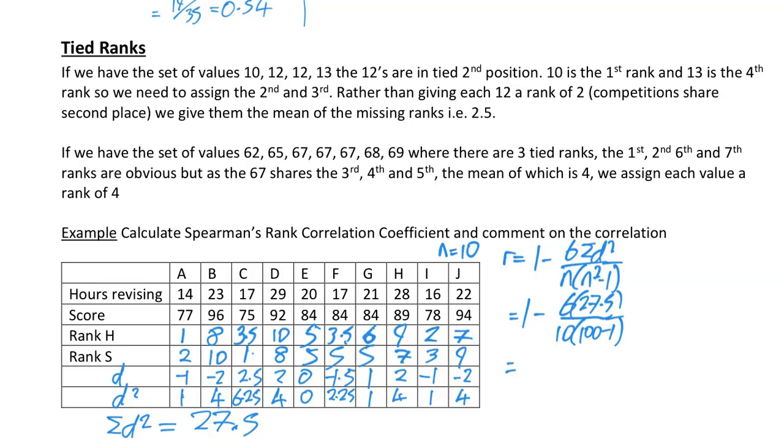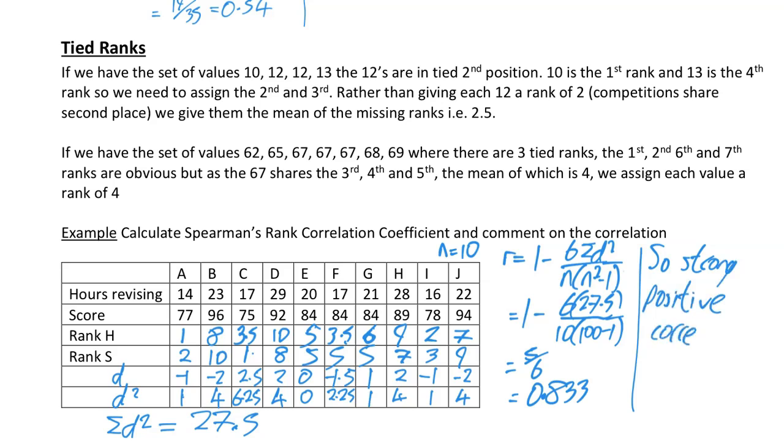And if you put that all into your calculator, you'll get 5 over 6, which is equal to 0.833. So that's a fairly strong, again, positive correlation.